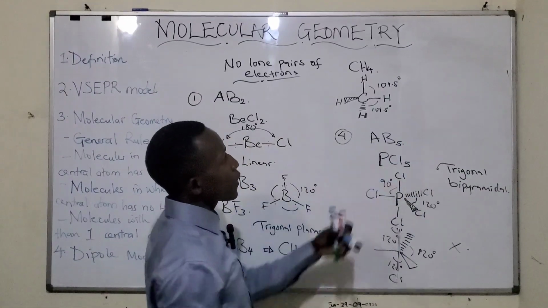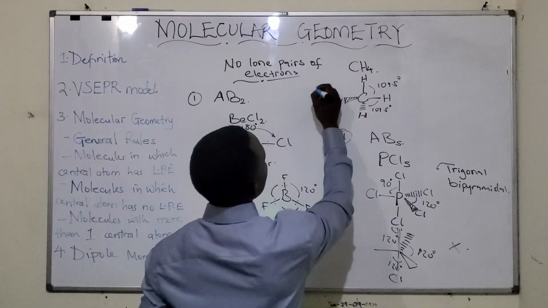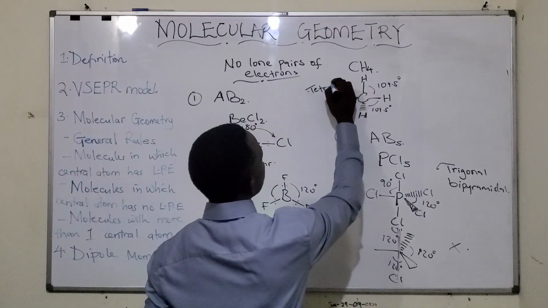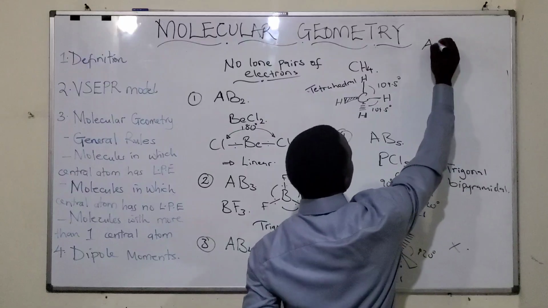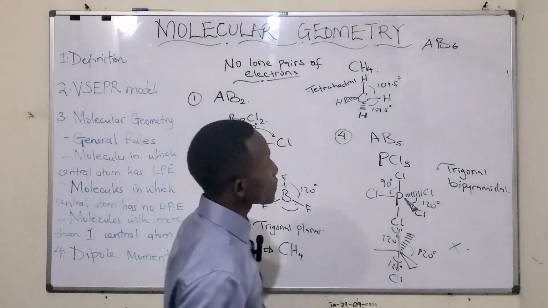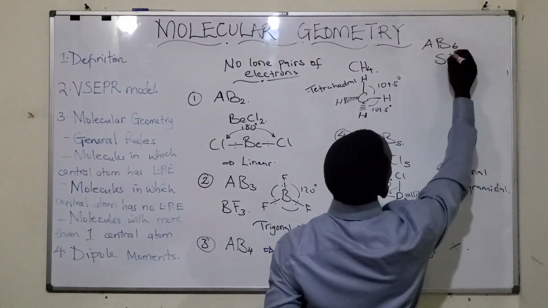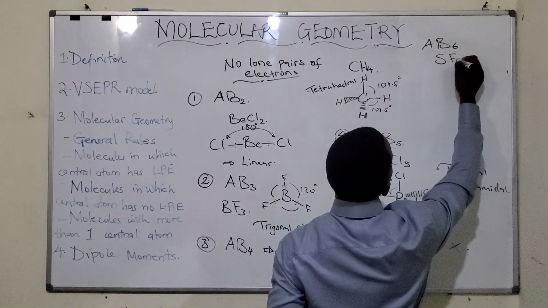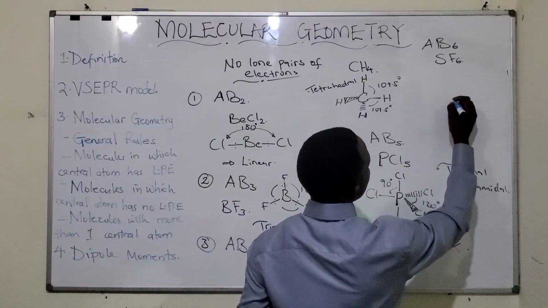Another example, let's have when the central atom is attached to 6 other atoms. This one is 5, so 6 other atoms. Then when the central atom is attached to 6 other atoms, for example, we have sulfur hexafluoride. Sulfur hexafluoride, we have the structure.